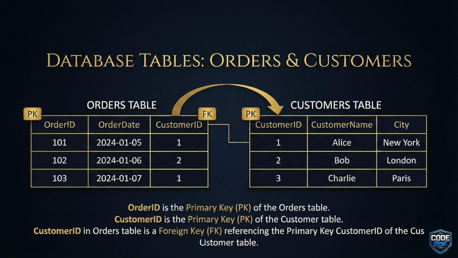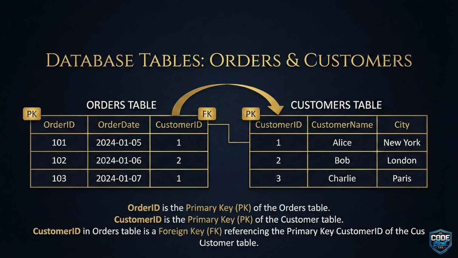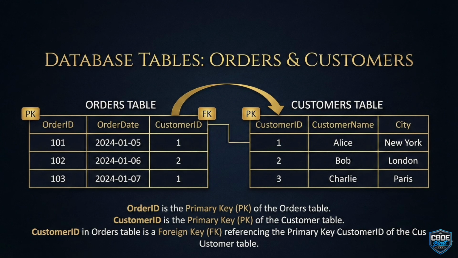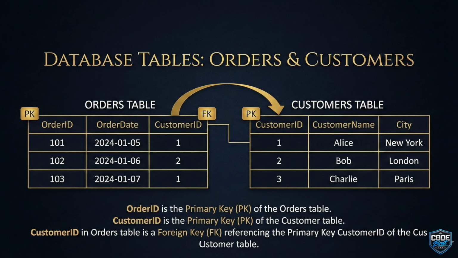We have a table named orders, in which we have three columns: order ID, order date, and customer ID. For this table, we must have a customer table in which we will get details of all the customers present in this order table.